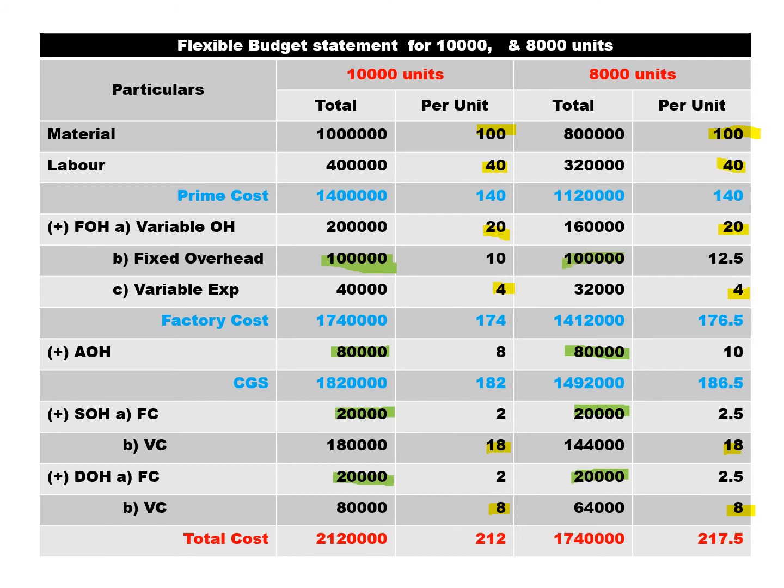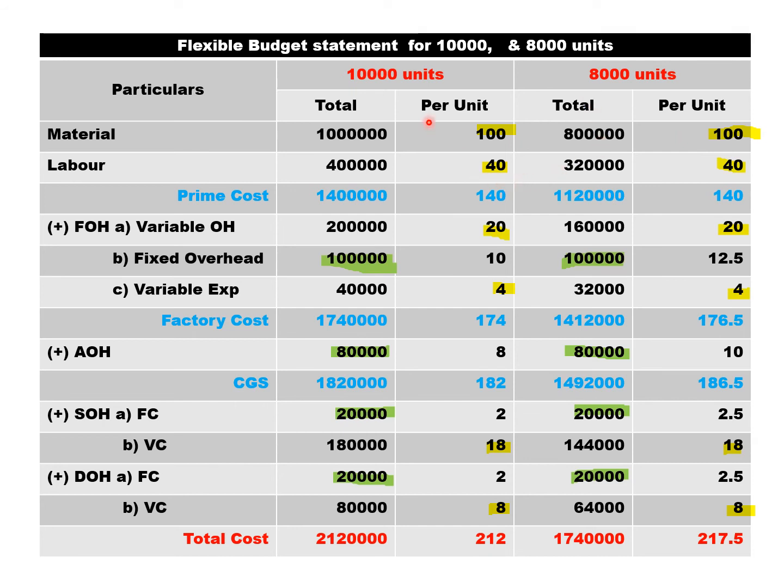So we need to prepare a flexible budget for 10,000 units and for 8,000 units. Variable material, students, 100 rupees into 10,000, you get 10 lakh. 100 rupee into 8,000, we get 8 lakh.